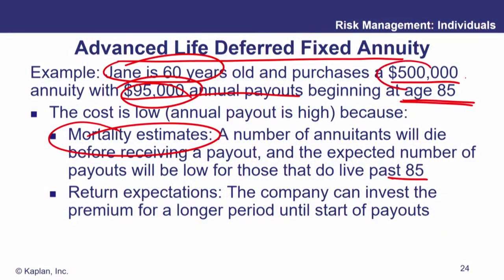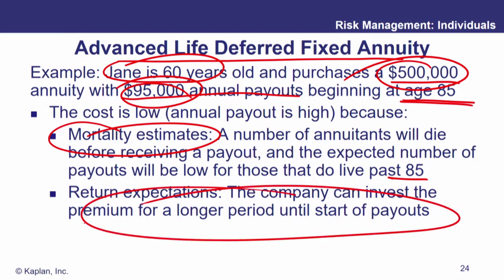In addition, they have that premium for a large number of years and they can invest and start earning immediately. So the initial cost of this kind of a product will be very low compared to an annuity that paid you $95,000 a year starting right now. The cost will be much, much lower. A good vehicle to hedge against extreme longevity risk.